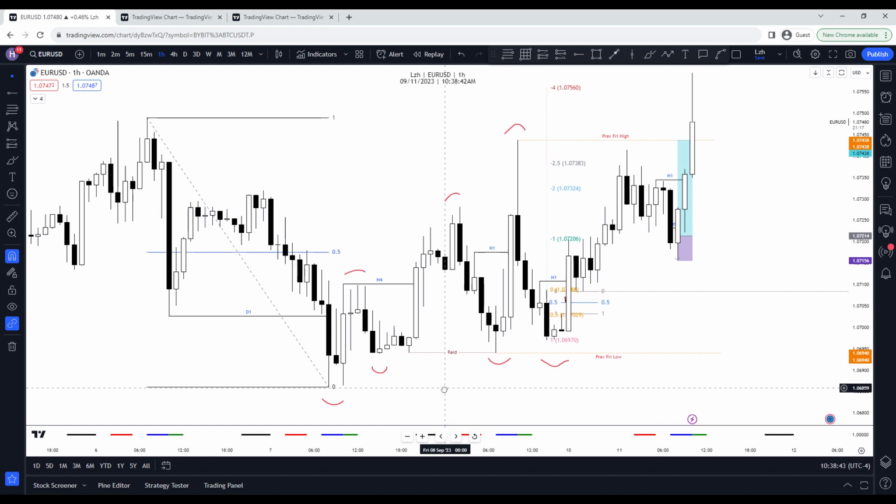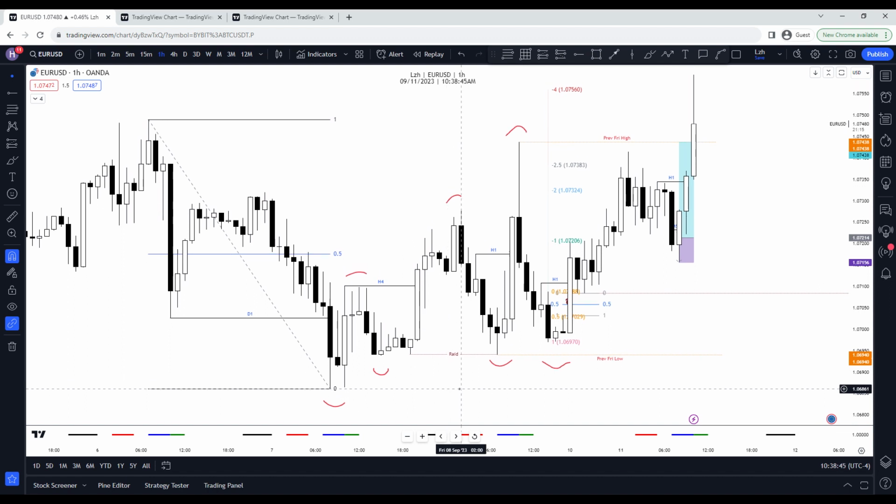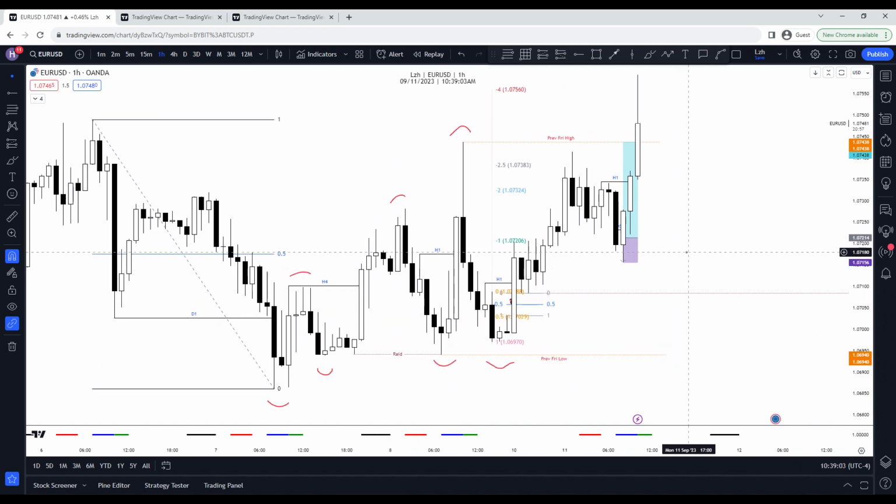This will give you a very visible range that you want to trade. If you are trading the pro trend, even though it's just the internal structure, it's still very useful because it will not allow you to short when the internal structure is bullish or long when the internal structure is bearish. So trust me, this is very useful.